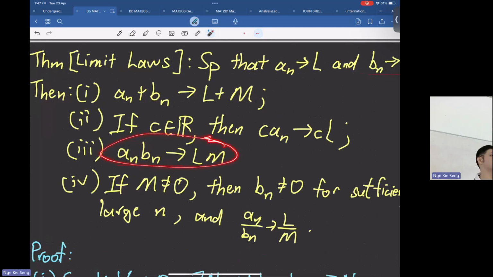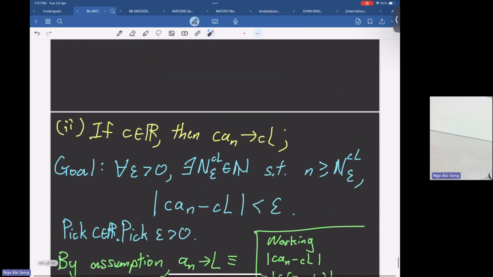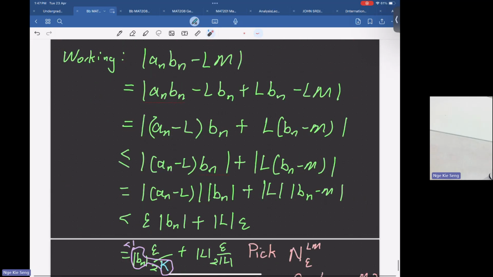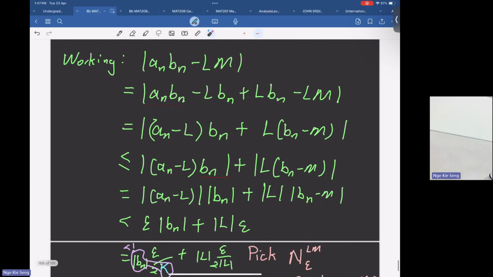An Bn will converge to 0. So let's go down. What happens to this inequality here? Let's do the calculation.